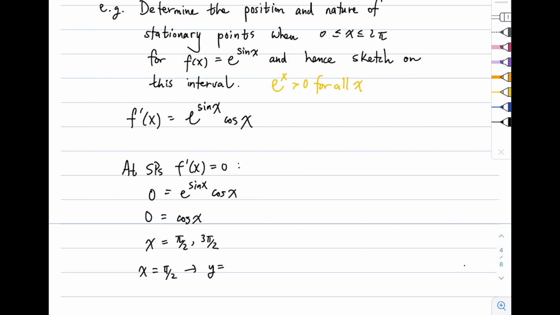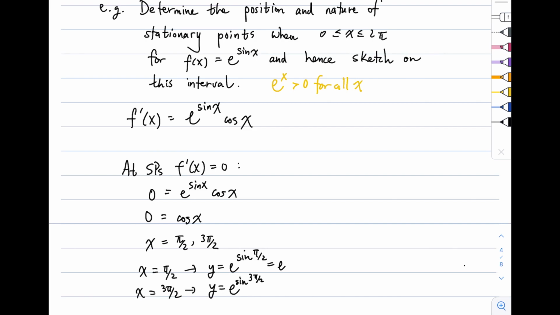So the y value is going to be e to the power of sine of pi over 2. Okay, so I'm plugging these back into the original function here. Sine of pi over 2 is 1. And so what we get is just e. And in the same way, when x is 3 pi over 2, y is going to be e to the power of sine of 3 pi over 2.